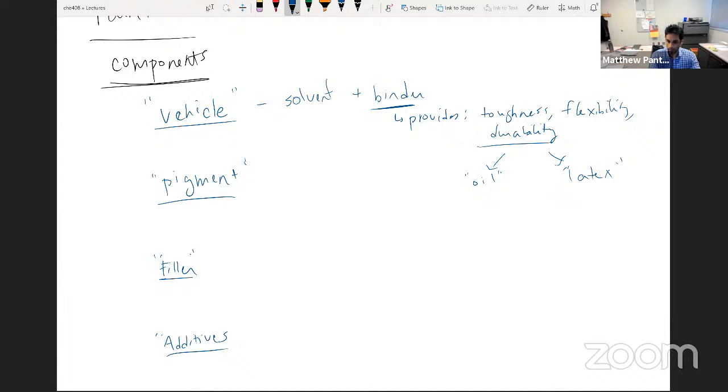So latex now has grown to any type of rubber particles that are dispersed in a solvent, whether they're synthetic or natural. So latex has a broad definition, but it originates from that natural rubber source, this milky liquid that you get from a rubber tree, which happens to be colloidal particles of natural rubber.